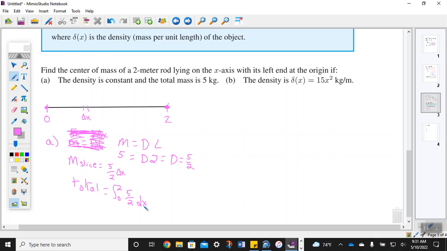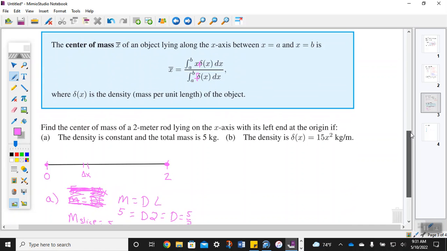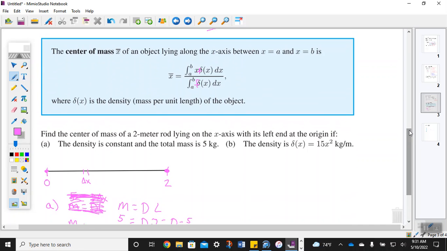This part right down here is always going to be your total mass. So the total mass function is the integral of 5 over 2 dx, right?